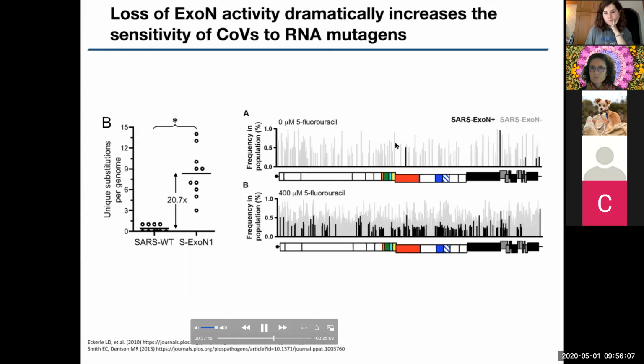You can see a significant increase in the number and distribution of mutations that are acquired. Mutation of ExoN also renders these viruses hypersusceptible to mutagens, as shown in the lower panel, where 5-fluorouracil was tested. 5-FU treatment, which is a mutagen, increases the mutational frequency of the wild-type virus, but further increases the mutational frequency of this ExoN mutant.